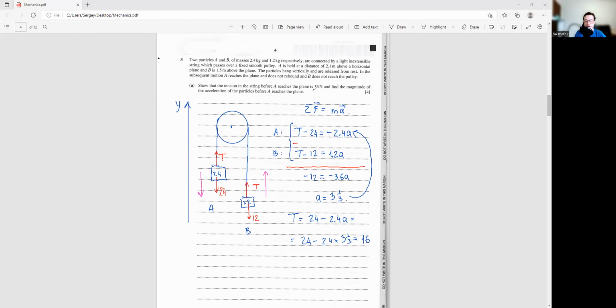Okay, so at least we know that we got one question correctly. So we have shown that the tension is 16 newtons. And the question was to find the acceleration: 3.33 meters per second squared, correct to 3 significant figures.